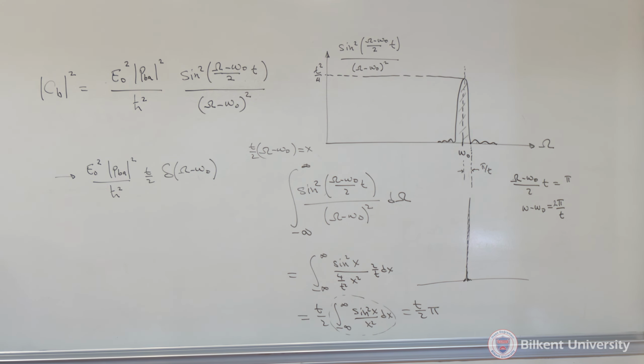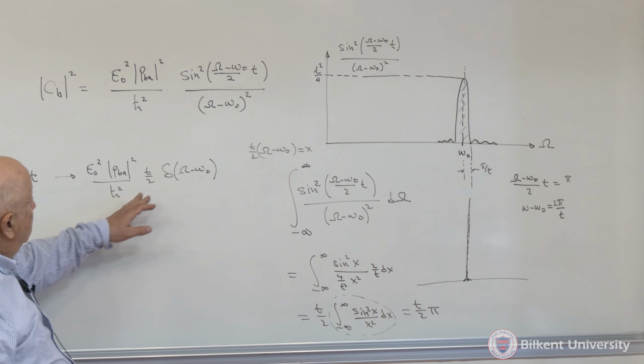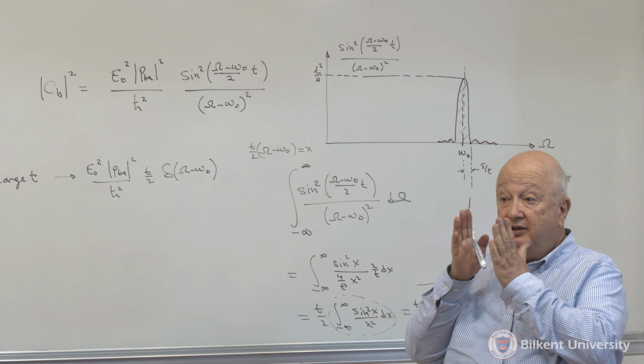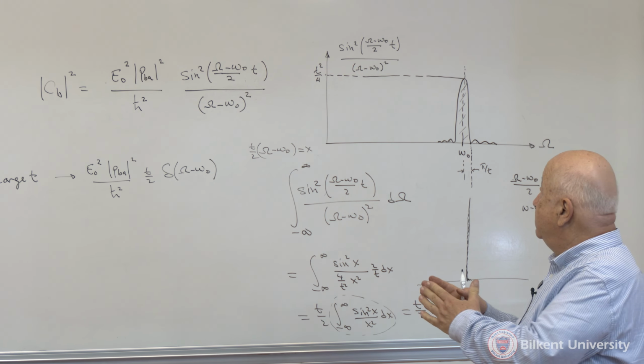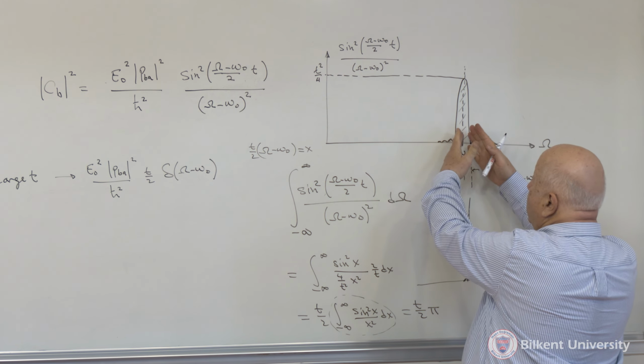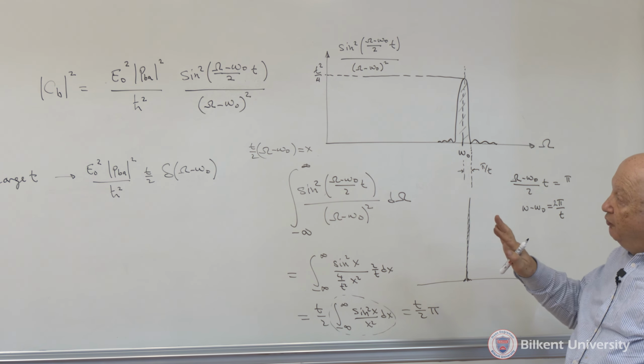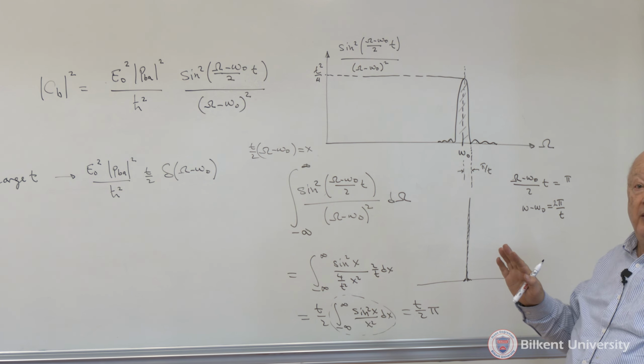This is the large t limit. When t becomes large, I just select a single frequency because this becomes narrower and narrower. So in that form, it's not too useful.